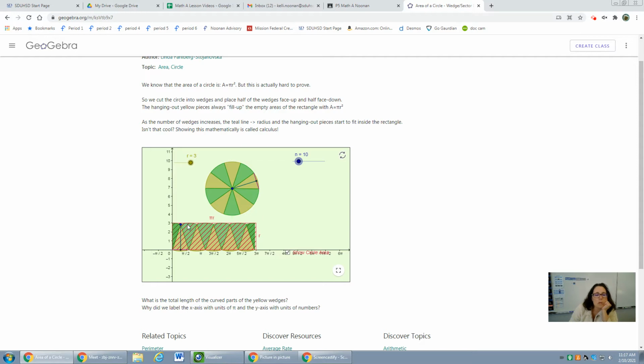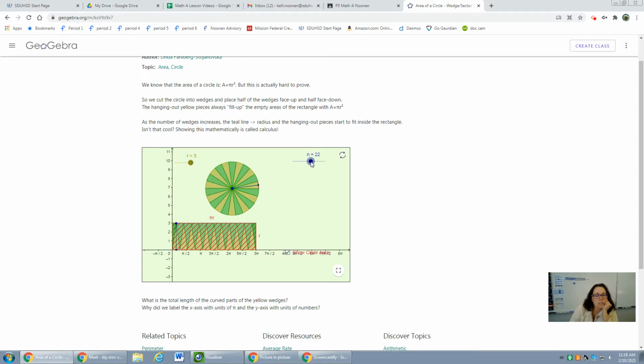Ooh, look at that. I'm seeing barely any white here. As you increase the number of slices, watch what happens. You seeing any white there? 12 slices? Ooh, look at that, 20 slices. That is pretty darn close to the area of a rectangle, isn't it?